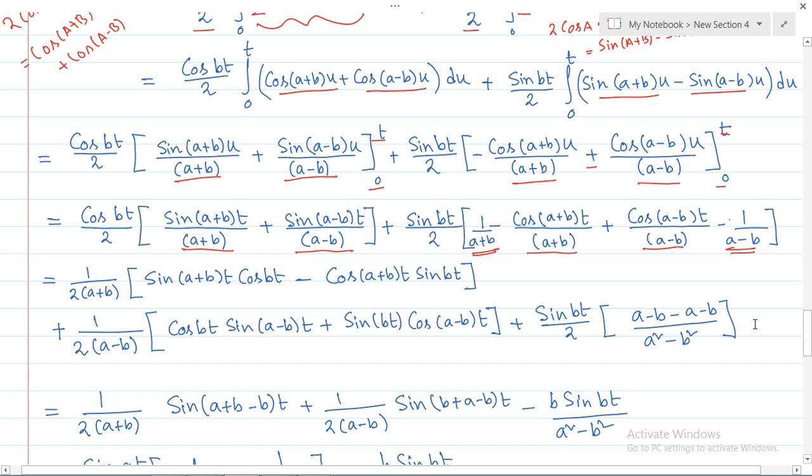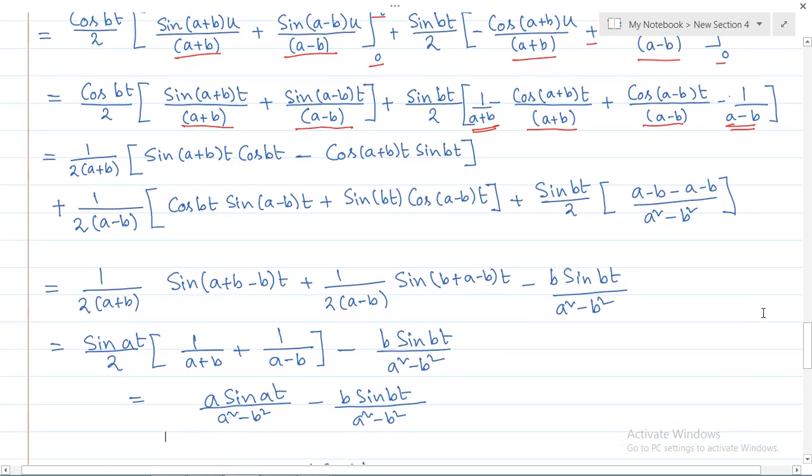Now to simplify this, we have to remember the following steps, otherwise your calculation or the result will not come out well. We have seen some of the terms are coming with (A plus B) in the denominator. Here also (A plus B) is coming in the denominator, where some cos and sin structure are coming.